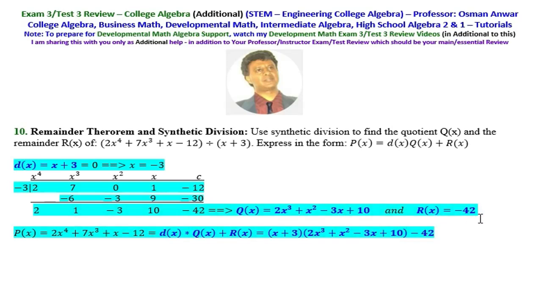And the remainder r of x is minus 42. That means when you multiply x plus 3 times 2x cubed plus x squared minus 3x plus 10 and you add minus 42, you will end up with 2x to the 4th plus 7x cubed plus x minus 12.